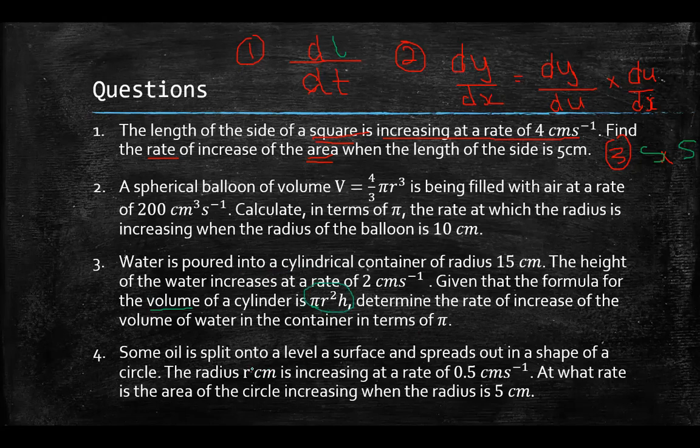For this one, circle, they want me to find the rate of the increase of area. So because it's a circle, I know the third thing that I must know is what is the area of a circle? Pi r squared. So that's the three things you need to make sure you know before you start any rate of change question.